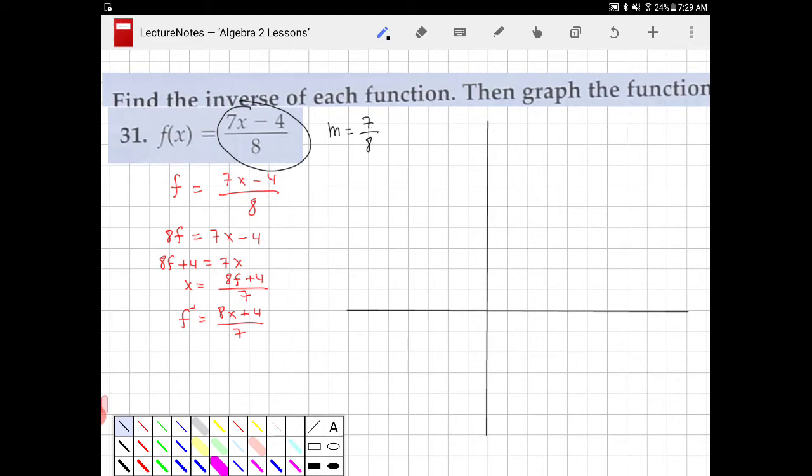The y-intercept is -1/2, which is kind of a bummer to graph. So what are we going to do to make this a little nicer? What I'm going to do is try to find a point that I can use and try to graph this in point slope form.